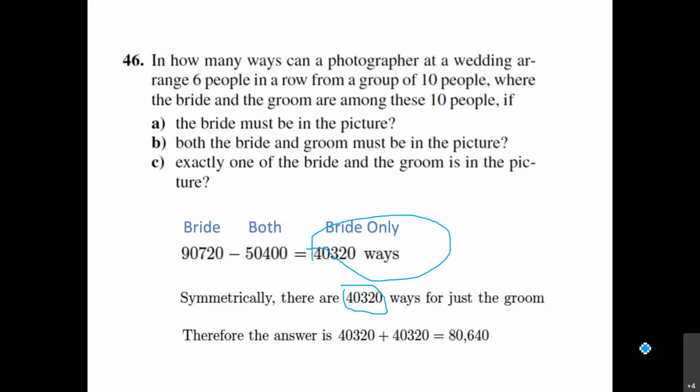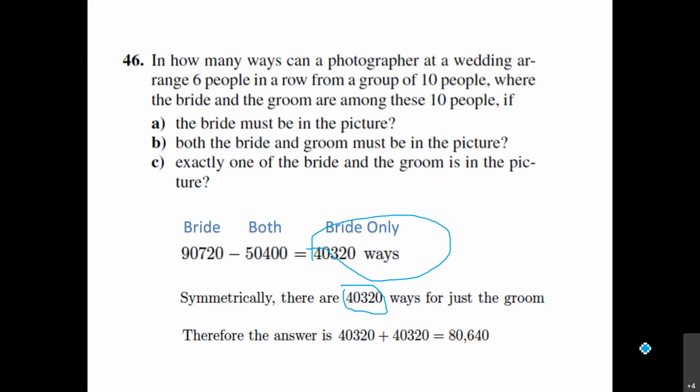But it would be interesting to see what the answer for the second thing would be. Like what if they're both in the picture? Or like you care that at least one of them is in the picture. So again, this solution says only one of them is in the picture, but not both.